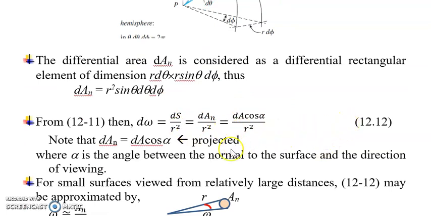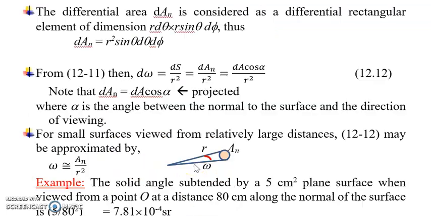It's a projected area, where alpha is the angle between the normal to the surface and the direction of viewing. For small surfaces viewed from relatively large distances, 12.12 may be approximated by just the area viewed divided by r squared, the distance.